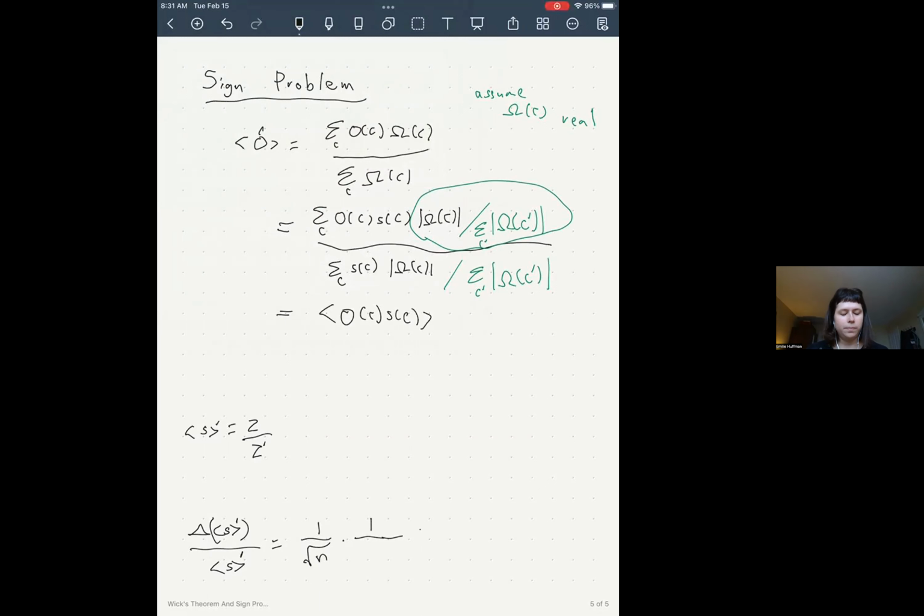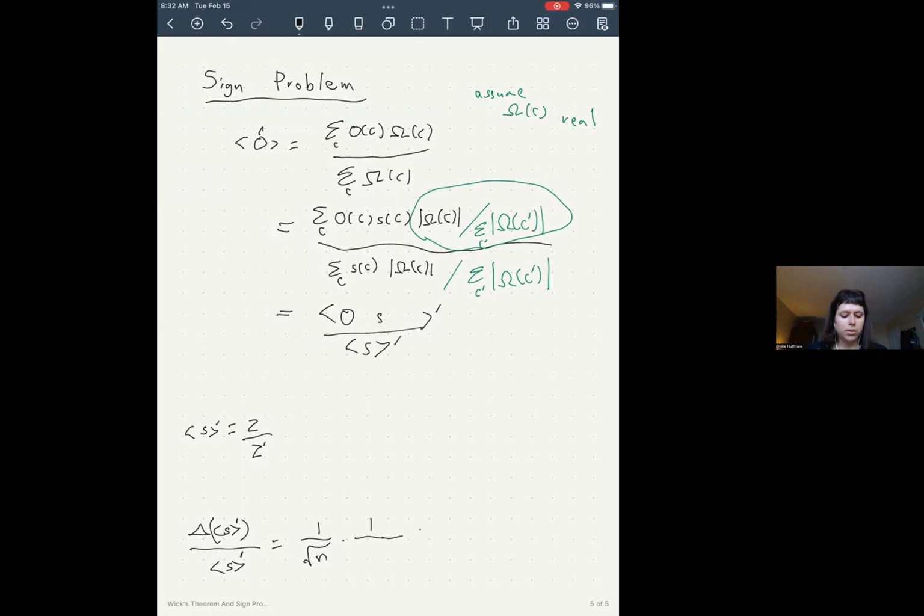I'm going to use prime to refer to this new probability distribution, and then divide by the denominator, which is just the average sign. I don't need the C's there anymore because these are just the operators. So this is the average of O times S, for the prime, divided by the average of S.